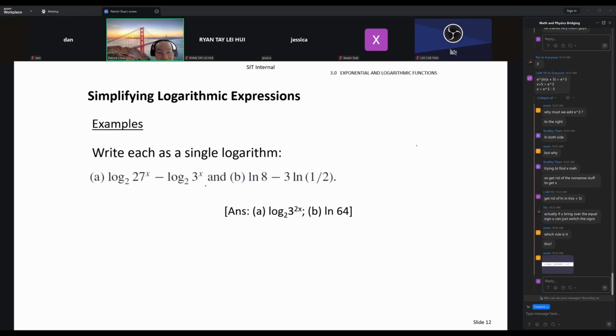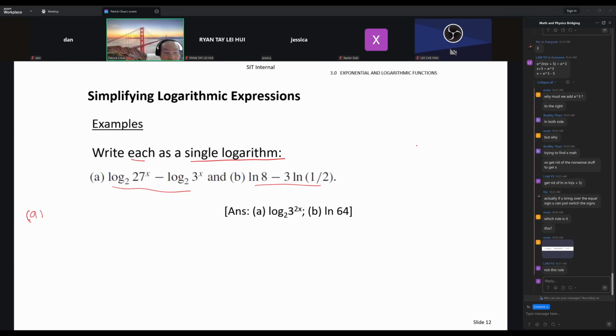Write each as a single logarithm. So you have two logs, and you combine them to become one. How do you combine so it becomes one? For A, you have log to base 2 of 27 to the power of x minus log to base 2 of 3 to the power of x.